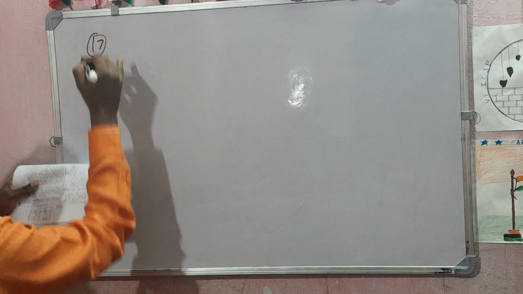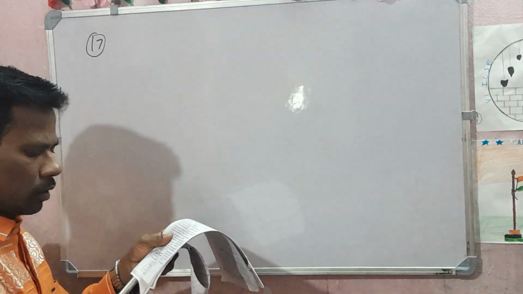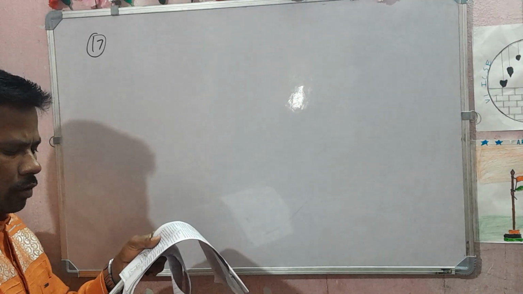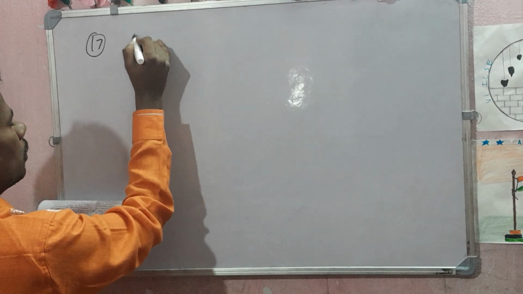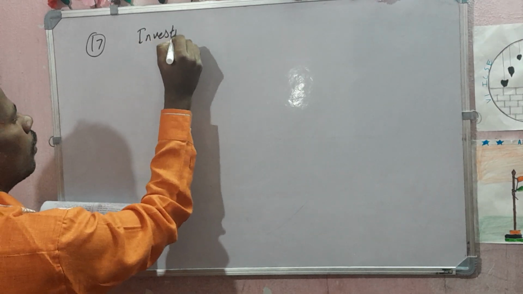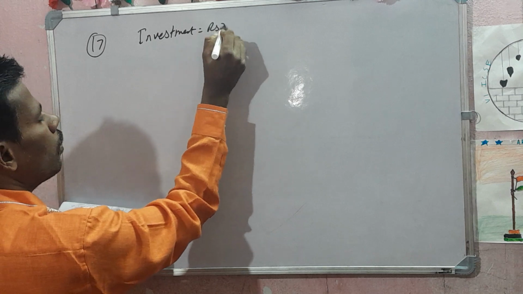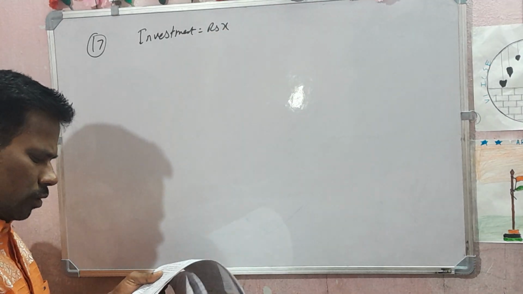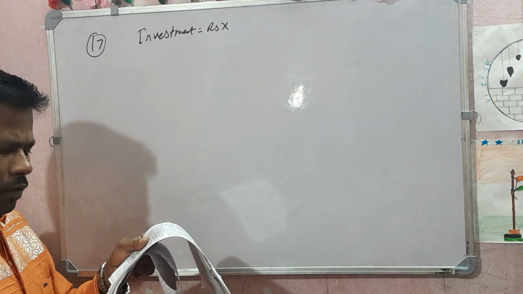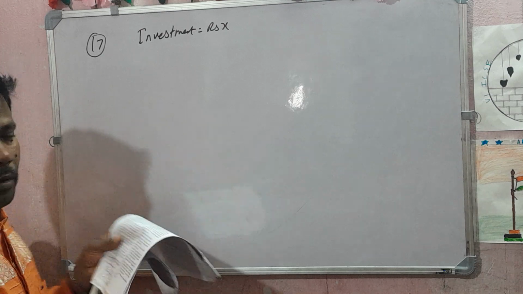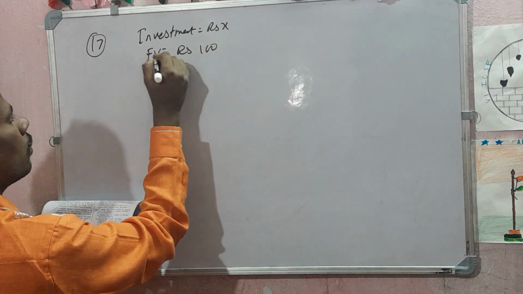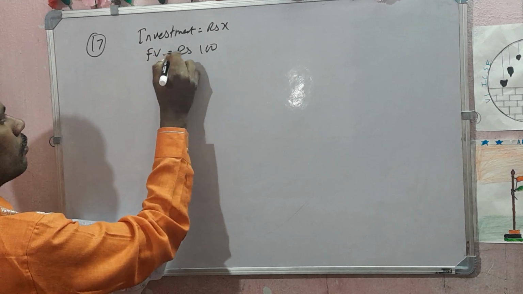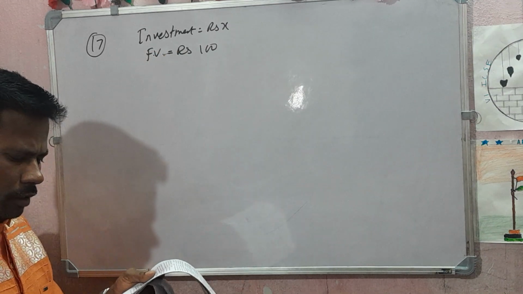Problem number 17, exercise 3B, Selina Publishers. A man has a choice to invest. Let the investment be X. Invest in 100 rupees shares of two firms. Face value is rupees 100.